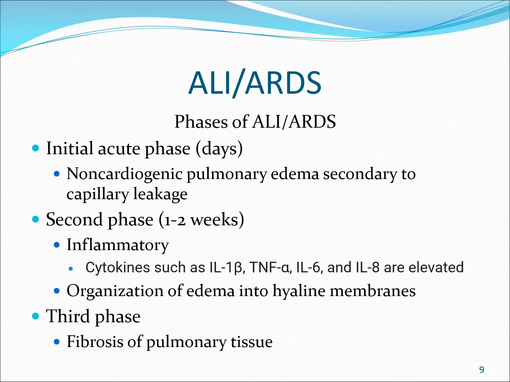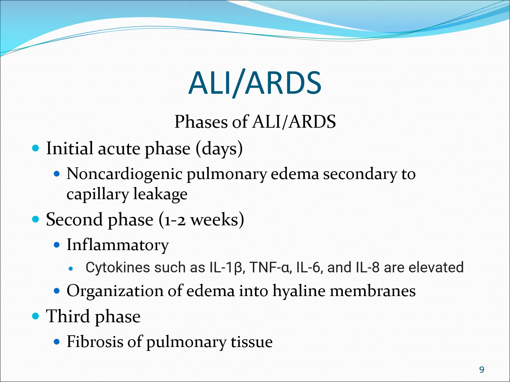So all of these, interleukin-6, interleukin-8, tumor necrosis factor alpha, interleukin-1 beta, are released in the body, which further creates more havoc in your lung. And then eventually, in the first and second weeks of ARDS, this organization of edema turns into hyaline membranes, which creates that honeycomb appearance in the lung.